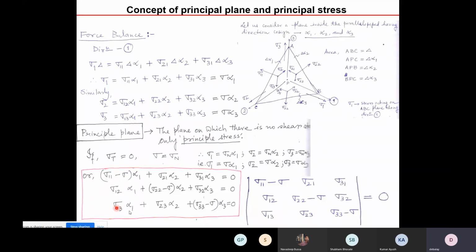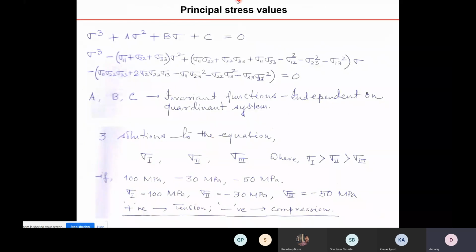So the 3 equations become this, and to solve the 3 equations, their determinant has to be equal to 0. Now if I expand that determinant, it comes into the form sigma cube plus a sigma square plus b sigma plus c equal to 0, where a, b, c are absolute numerical values, because sigma 1 1, sigma 2 2, sigma 3 3, these stresses are actually the absolute values.